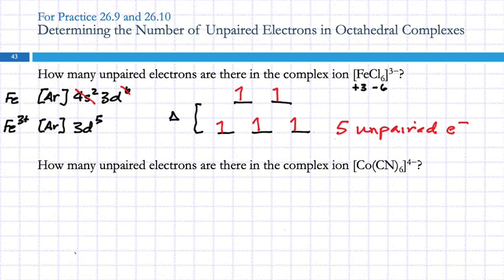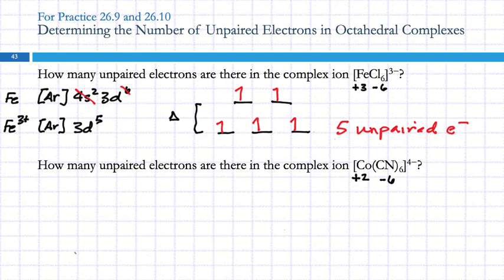This is the kind of question that might show up on that take-home exam. How many unpaired electrons in the complex ion CoCN6 4 minus? Well, again, first we have to look at the metal ion. We need its charge. So here we have 6 cyanides, that's minus 6, and the overall charge is 4 minus, so this one must be plus 2.